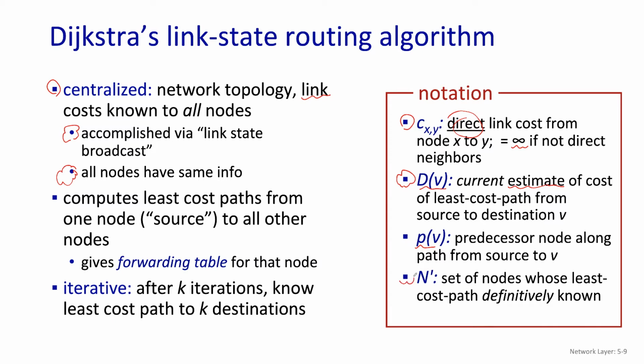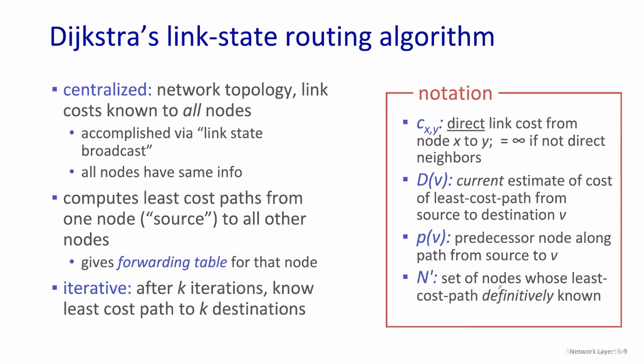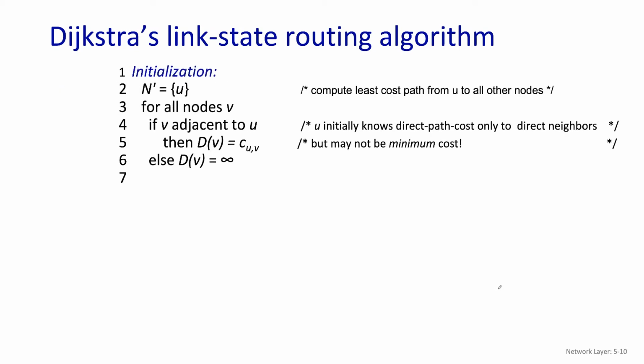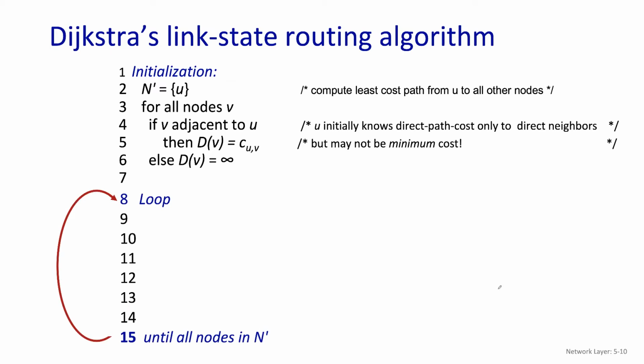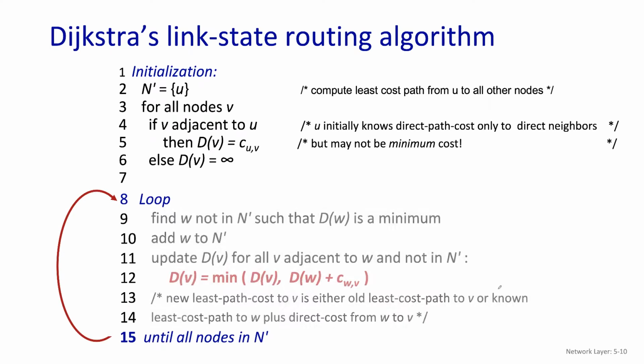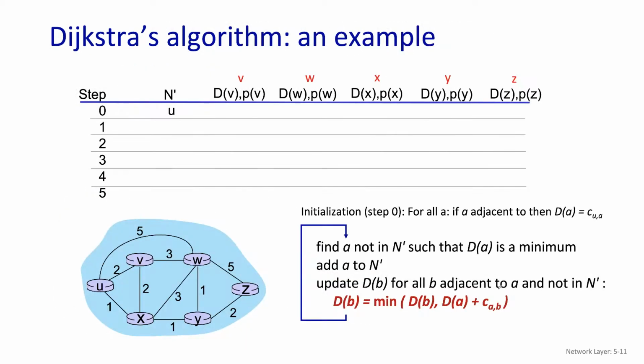Okay, and N prime here means the set of nodes whose least cost path is definitively known. So let's get started. I'm not going to go through the algorithm, you can go over it, but I think it's better for you to go through just one quick example.